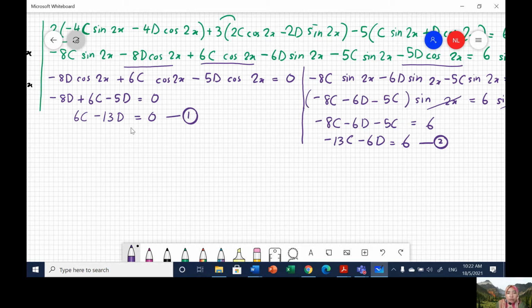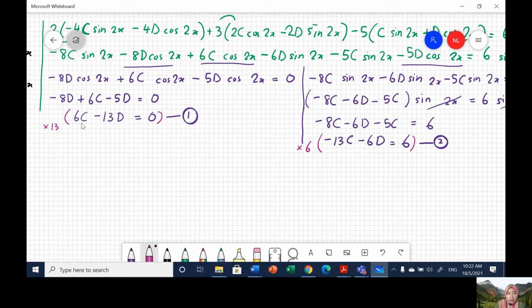So if I want to choose C to be eliminated, this equation I will times 13, then the second equation I'm going to times with 6. Find the lowest common multiple. That is the reason why we times this equation by 13 and this equation by 6, with the objective to eliminate C.